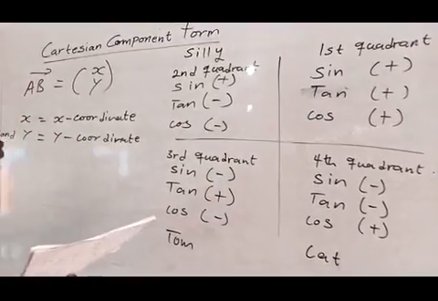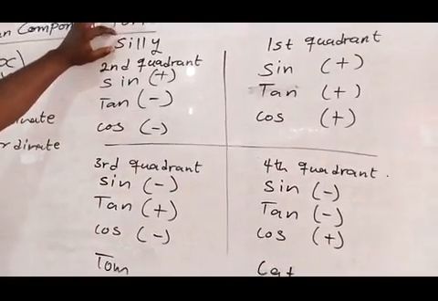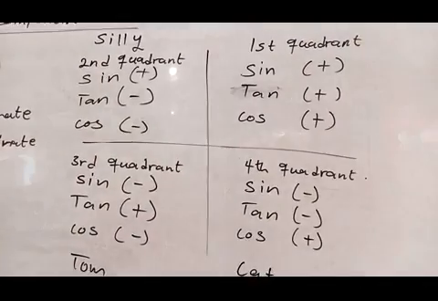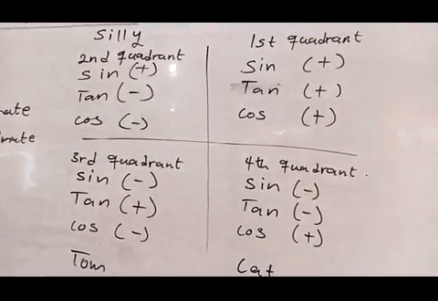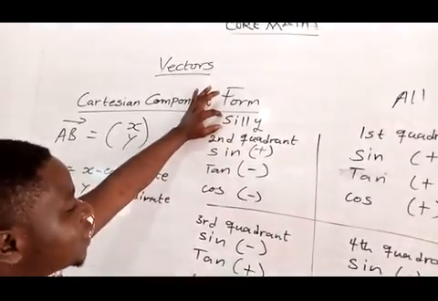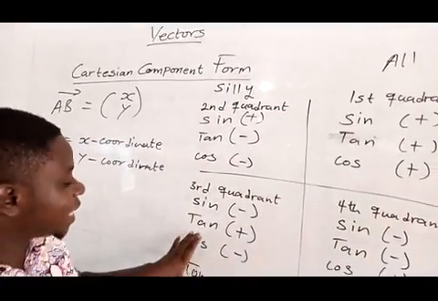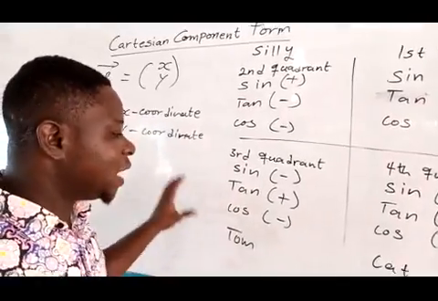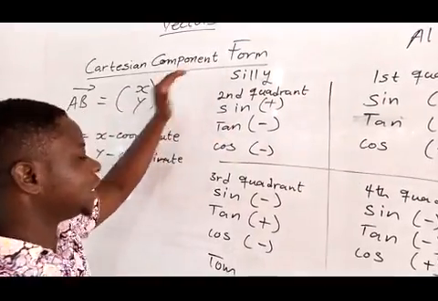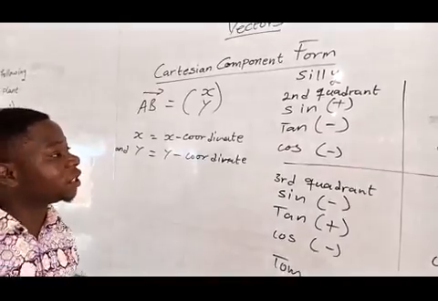We make use of the first letter in explaining what is positive in each of the quadrants. In the first quadrant all are positive, in the next only sine is positive, then only tan is positive in this quadrant, and only cos is positive in this quadrant. So we have All Silly Tom Cat. That is the jargon we have given to this.